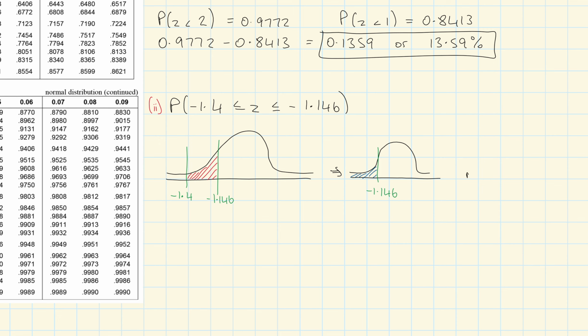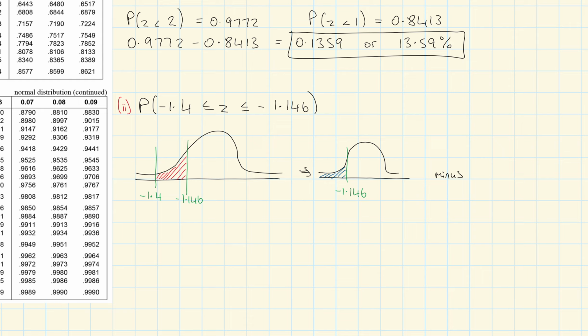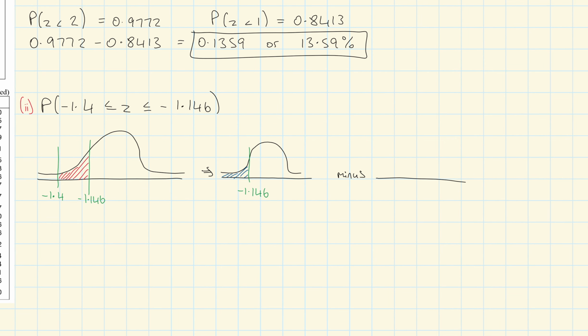And then if I subtract the area to the left here of minus 1.4, that will leave me with what we're looking for in the question, the area in between the two values, minus 1.146 and minus 1.4.